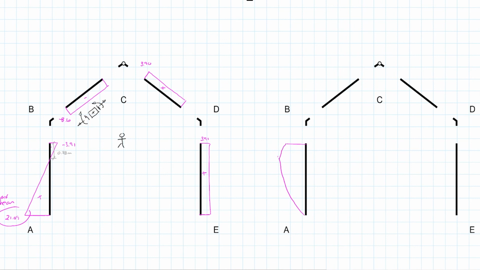And we would have to calculate what that value is. Again, we already know the distance. We calculated it when we did our shear force diagram. That distance is 0.78. And the easiest thing for us to do is to take the area of the triangle, 1 half, 21.09, times the distance from A to that point, and calculate that out.